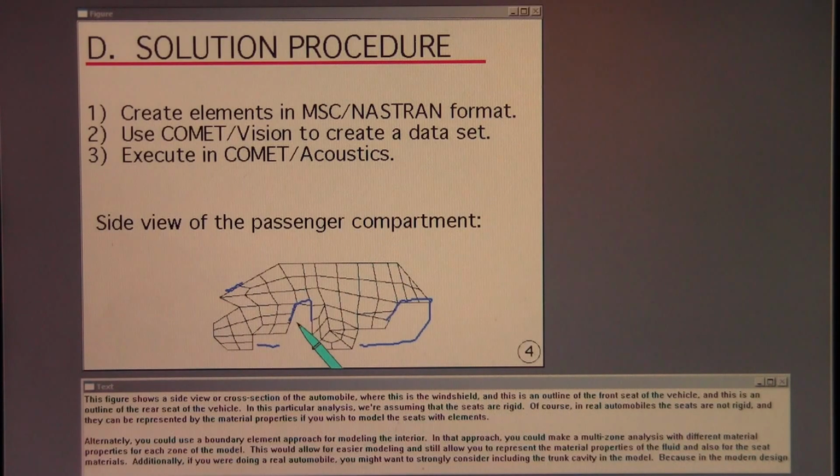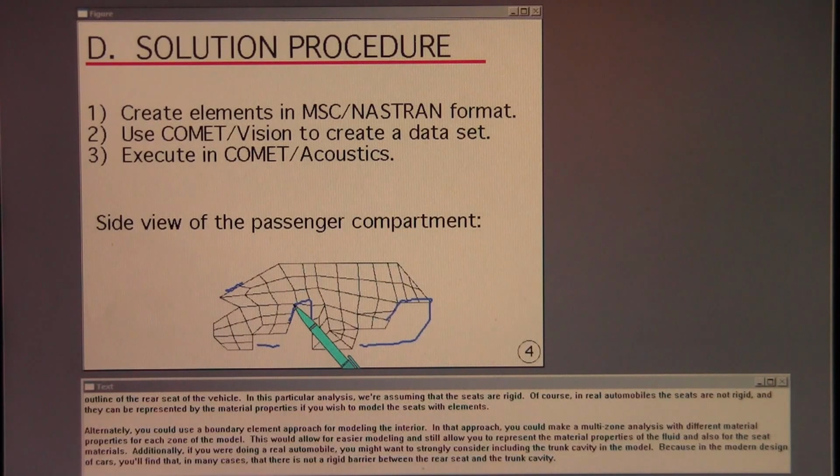Alternately, you could use a boundary element approach for modeling the interior. In that approach, you could make a multi-zone analysis with different material properties for each zone of the model. This would allow for easier modeling and still allow you to represent the material properties of the fluid and also for the seat materials.